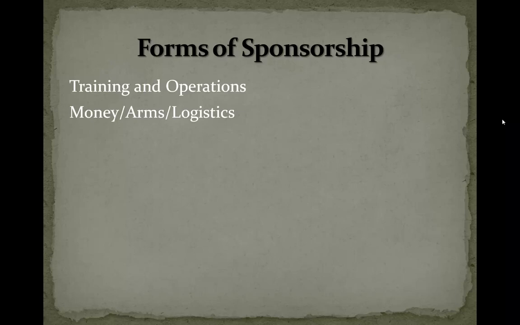Money also, in addition to allowing a group to purchase more arms and explosives, can also help in the training of a group. Groups typically don't have day jobs, and they don't want to have to worry about their finances. And so money can help groups spend more time in training.